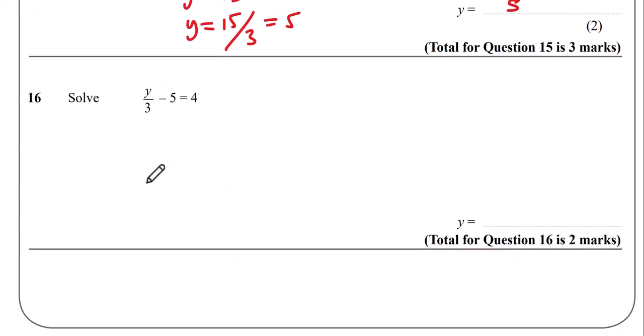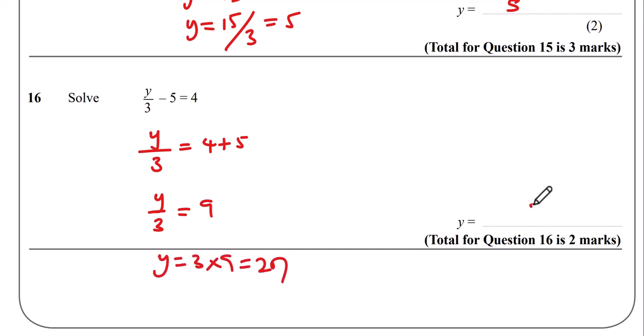And again for this one, because this is a fraction and this is a singular number, you're going to add 5 on both sides, so you're going to have y over 3 equal to 4 plus 5, and that's 9. So if you solve this, y equals 3 times 9, that's 27.